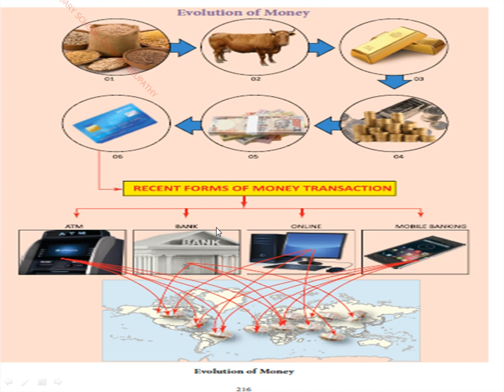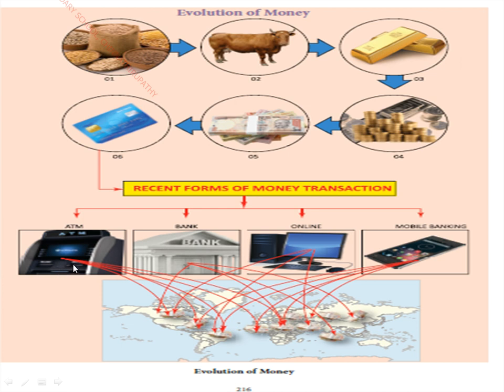But the present era is fully dependent on recent forms of money transaction such as ATM, bank, online cash transaction, and mobile banking. See here, ATM means what? Automatic Teller Machine, through which we get money within a few seconds.